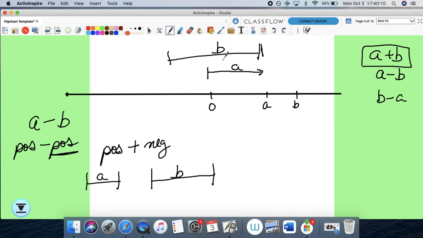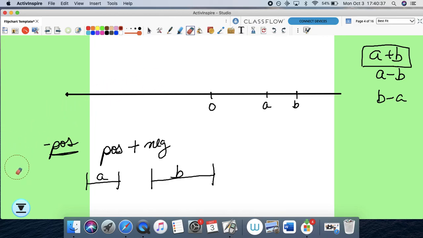So again, that's A, so that's B. I remove A from it, and then what's left over is on the negative side, and that becomes A minus B.